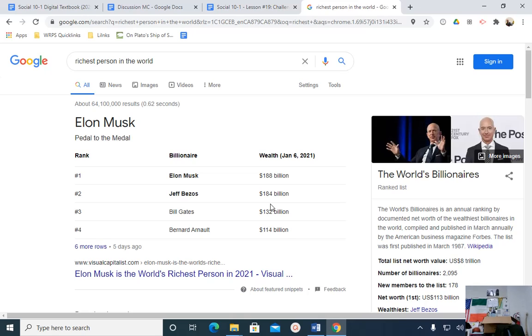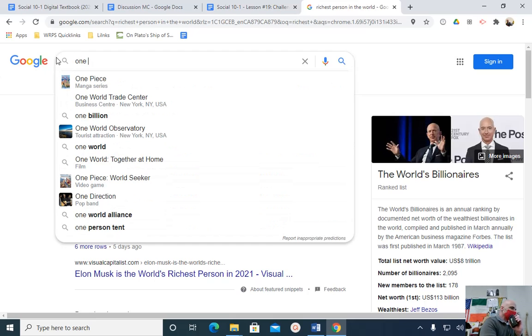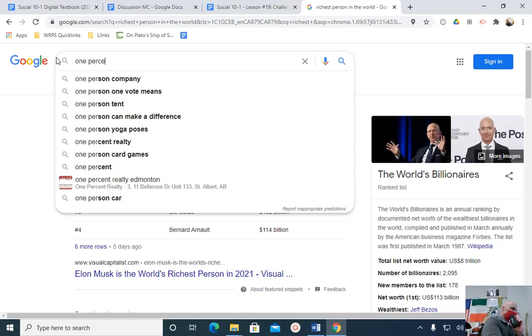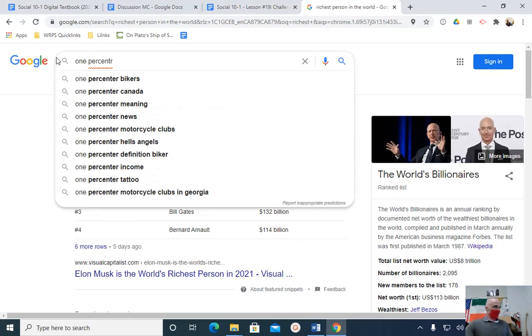So what is disparity? It's inequality. And because of inequality, some people may have political and social opportunities, others don't, is a key concept. We have the 1% and we have the 99%. And the 1% and the 99% is some language, and we're not talking about 1%er bikers who are gang members, although that came up.